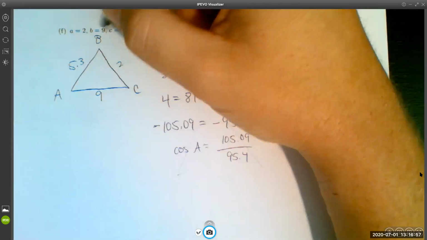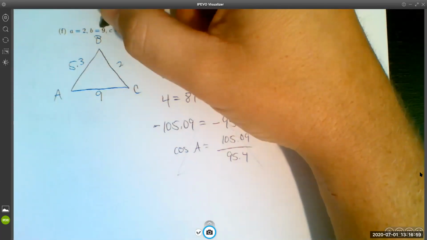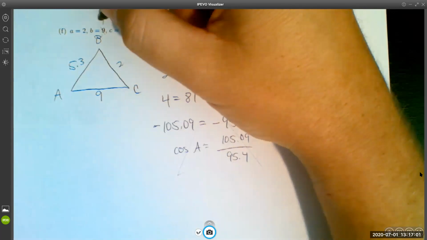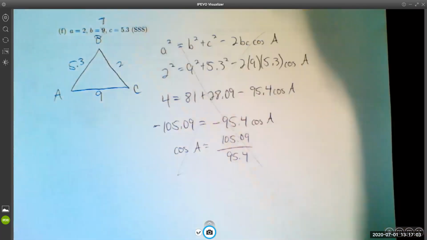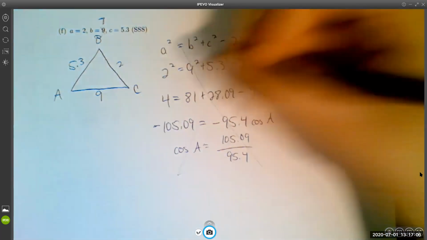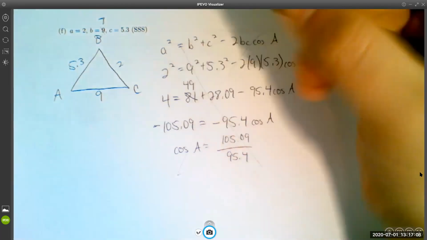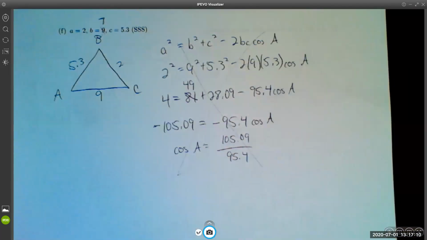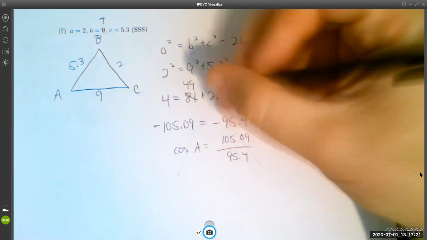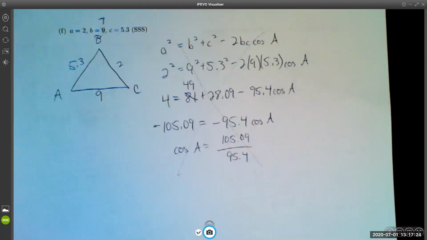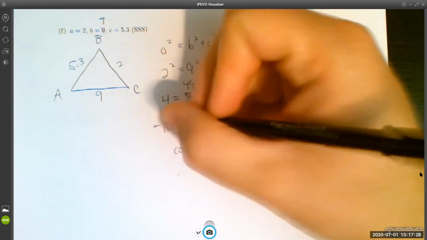Maybe if we change this to like 7 or something. If we changed it to 7, here we would have 49 instead. And we can make this work. So 49 plus 28.09 would be 77.09. 4 minus 77.09 is negative 73.09.